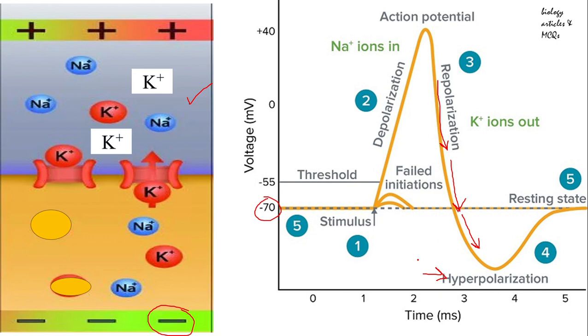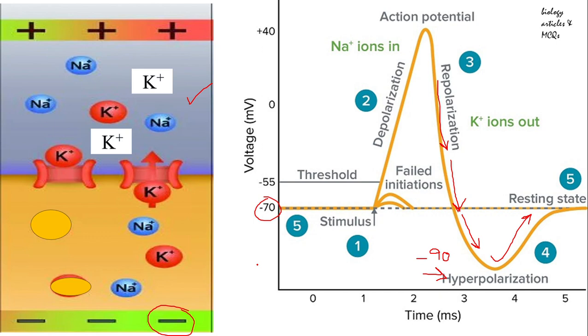It can be minus 90 millivolts, due to the high negative charge inside the membrane and the high amount of positive charge outside the membrane. After this hyperpolarization, the resting state will come again, and the membrane will move towards the resting membrane potential.